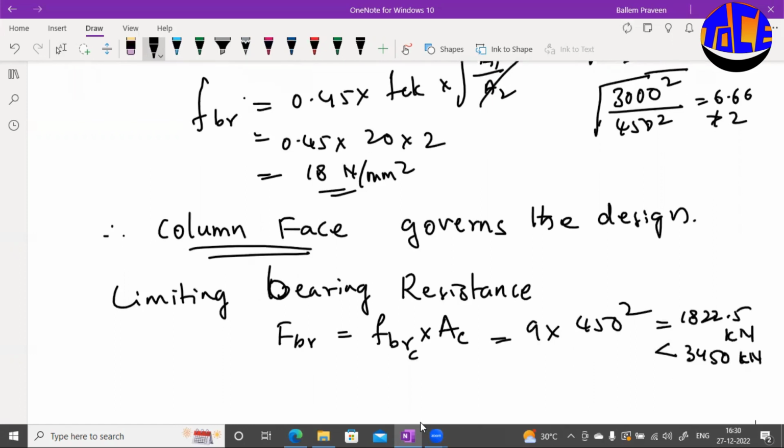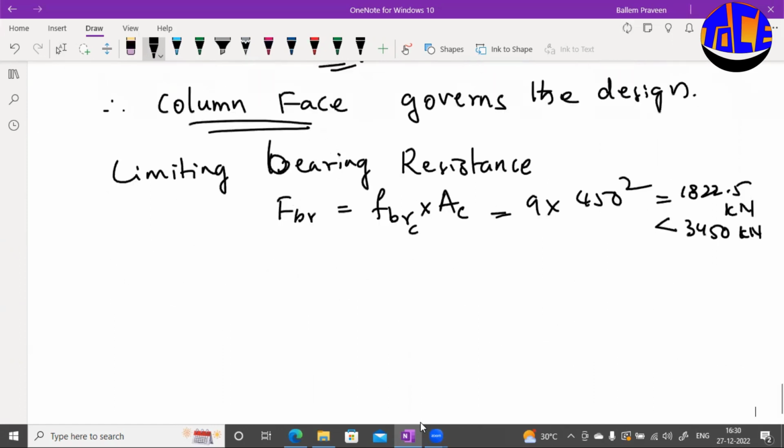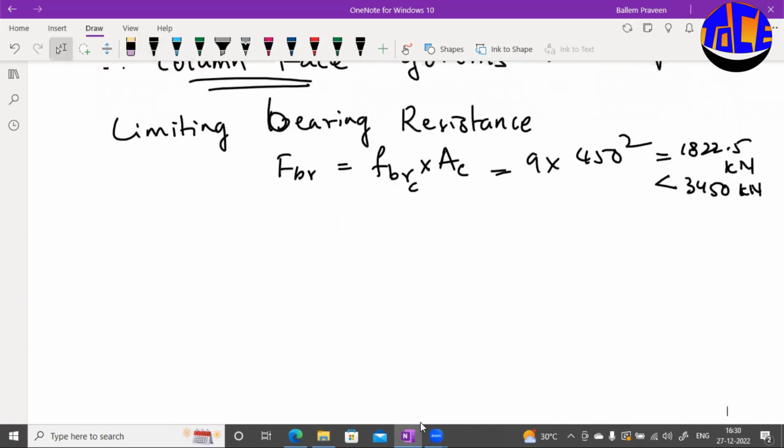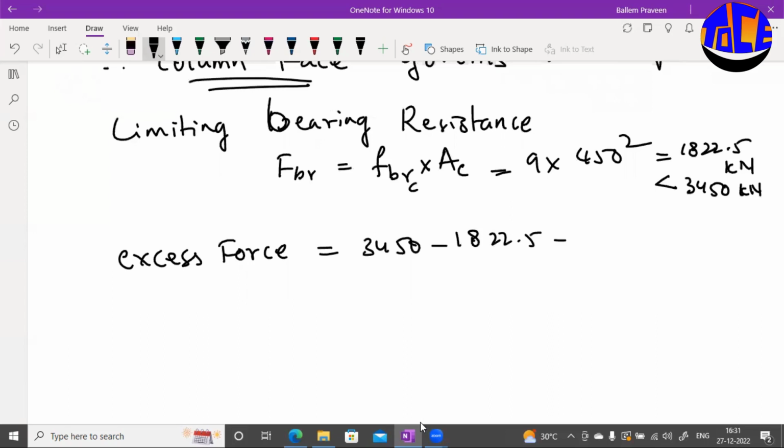So it is less than that value, therefore you need to provide some excess bars in order to distribute this force. What is the excess force? The excess force is equal to 3450 minus 1822.5, so it will be 1628 kilonewtons.